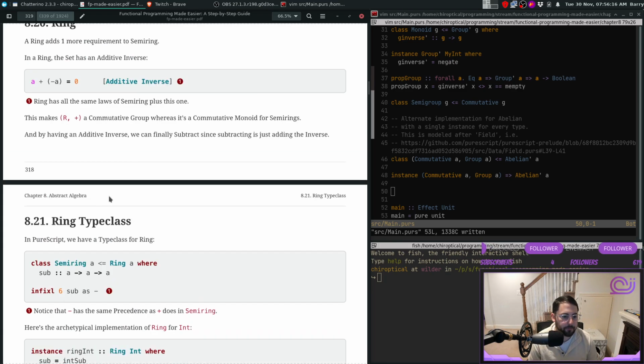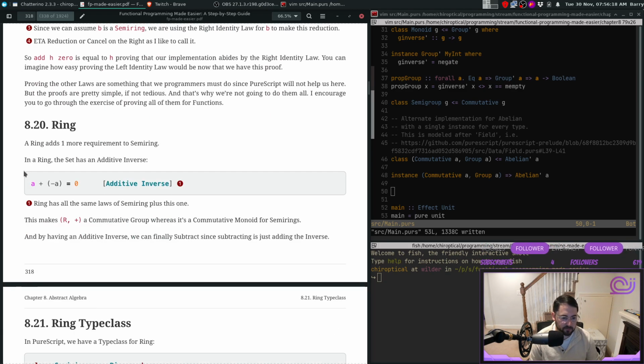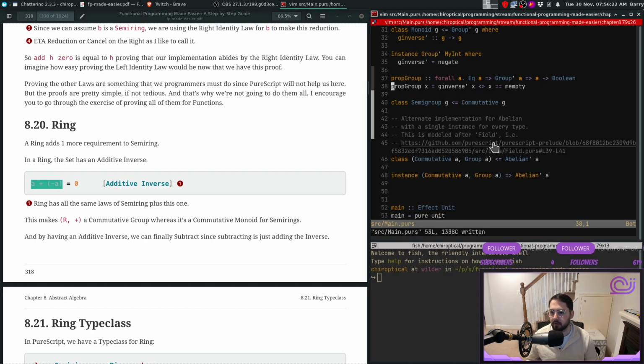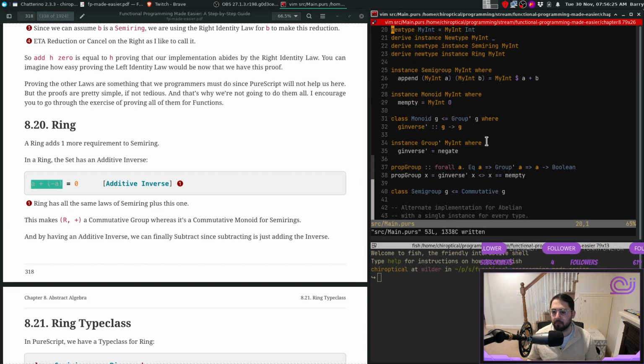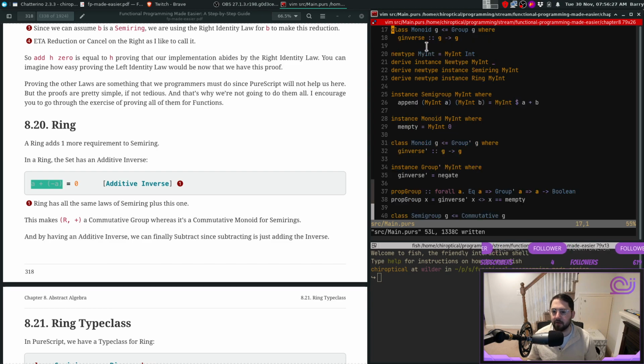A group has this. So there's a way for you to invert the thing. So let's pretend we have an integer, wrapped in a new type because it's easier, and it has a semigroup instance and a monoid instance.